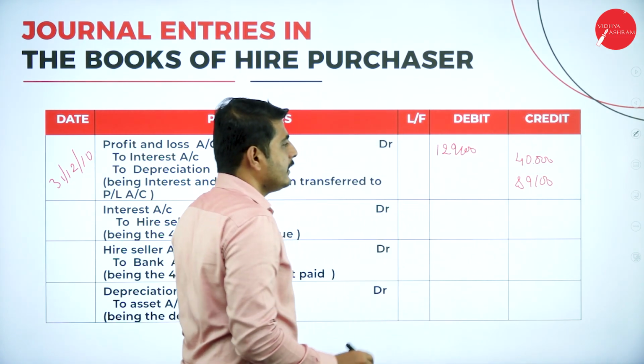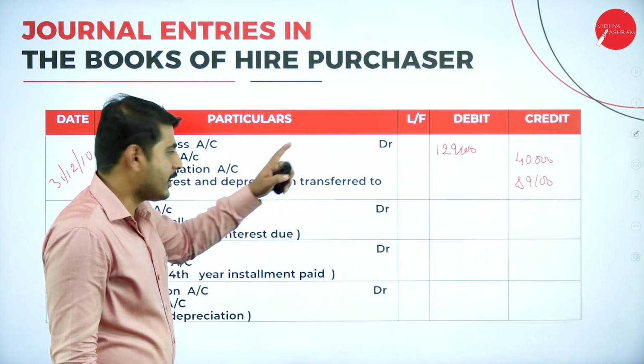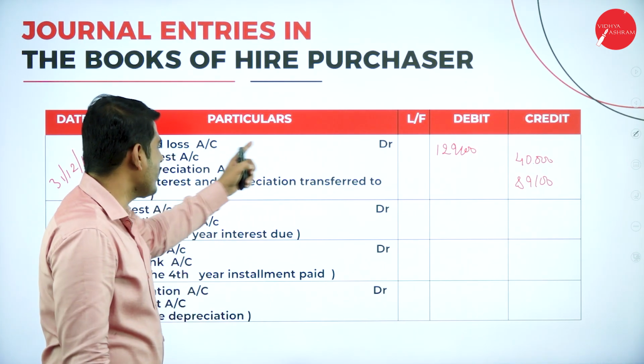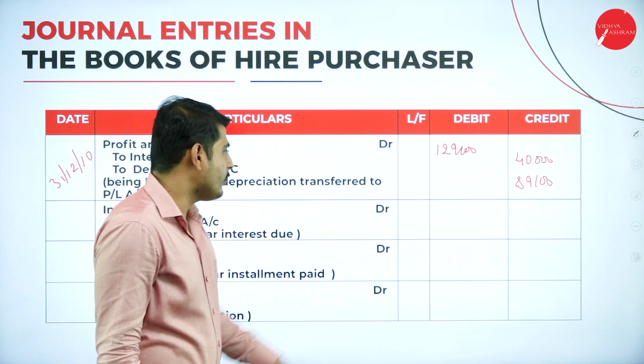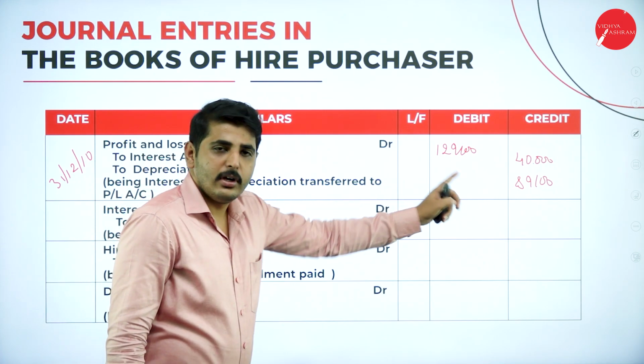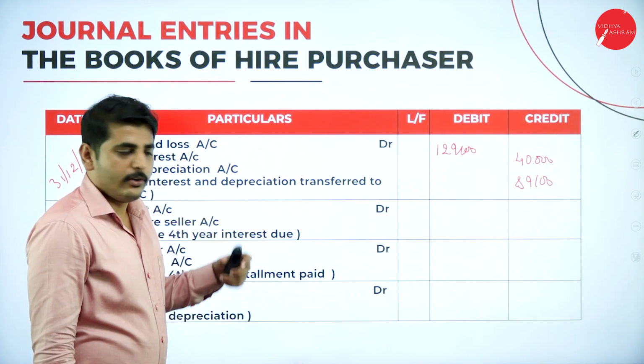So 1,29,100 is the amount transferred to Profit and Loss account. Profit and Loss account 1,29,100 to Interest 40,000, to Depreciation account 89,100.